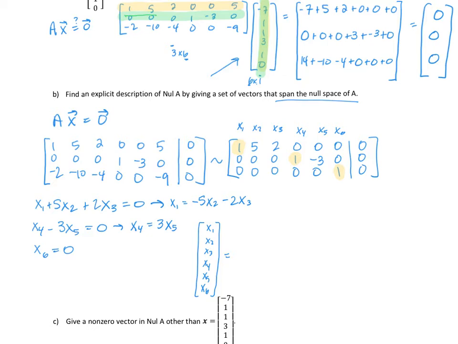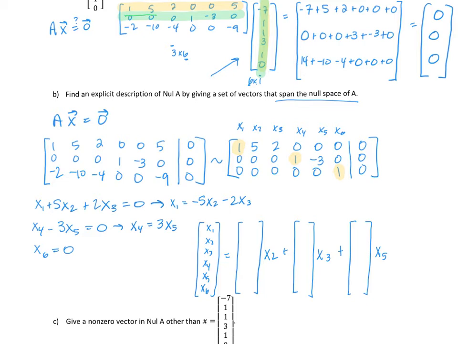So let's see, I'm going to need an x2 vector. That's one of my frees. Another free is x3. And another free is x5. So I set it up like this, where I put a vector times each of my free variables.